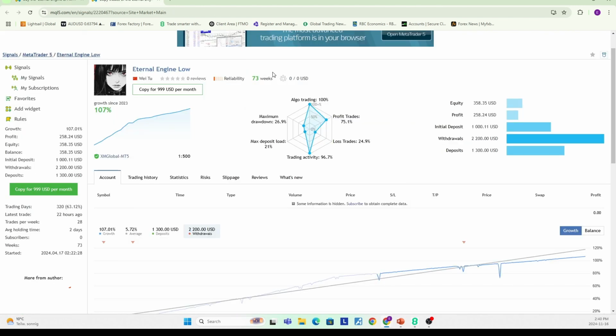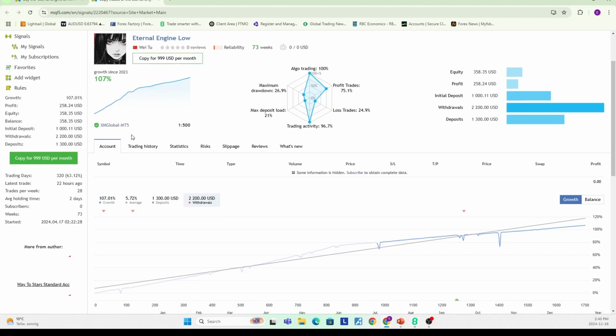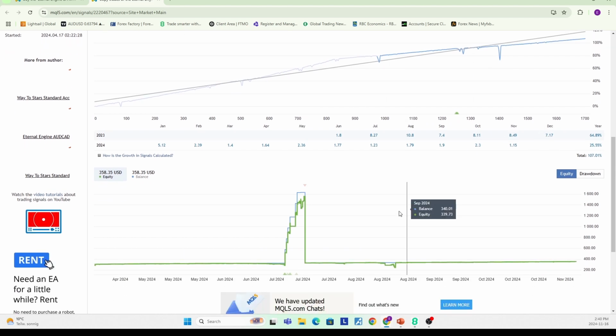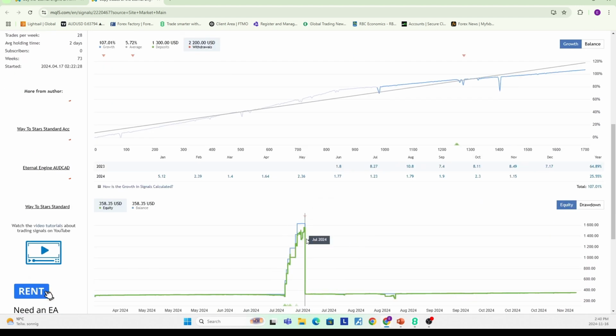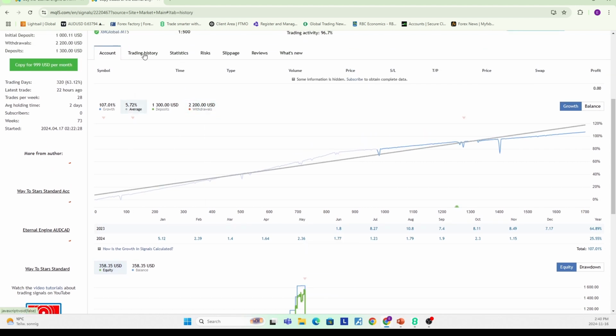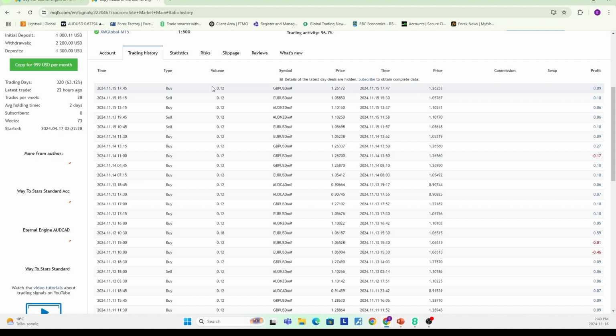We can now flip over to the signal page here. This is the low risk page in particular. And here we're able to see that we've had roughly 100% returns over the past couple of years. As well, the equity curve does appear characteristic of a grid martingale with the detachment of equity and balance.